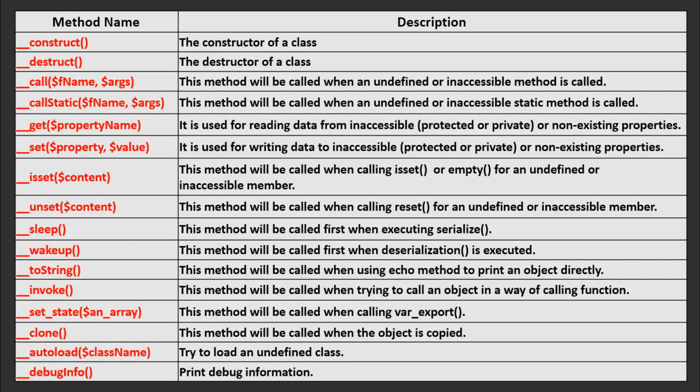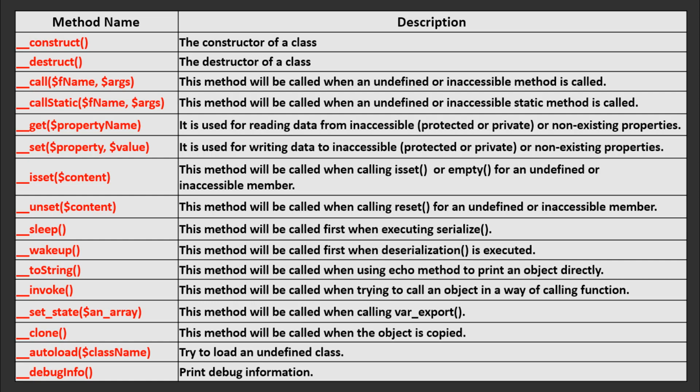Now the double underscore set_state method. This method will be called when calling var_export. The double underscore clone method. This method will be called when the object is copied. The double underscore autoload method tries to load an undefined class.